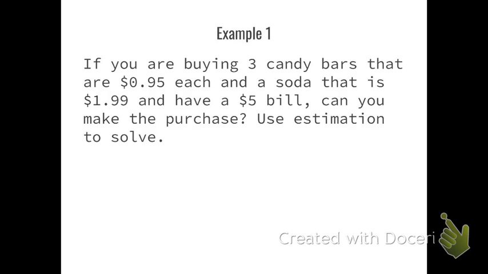So what we'll do here is estimate these candy bars, instead of costing 95 cents each, to be approximately $1 each. So we're rounding 95 cents to the closest dollar. 95 cents is pretty close to $1. Same thing with $1.99 for the soda. That's really close to $2. So we're getting 3 candy bars for about $1 each, and 1 soda for $2.